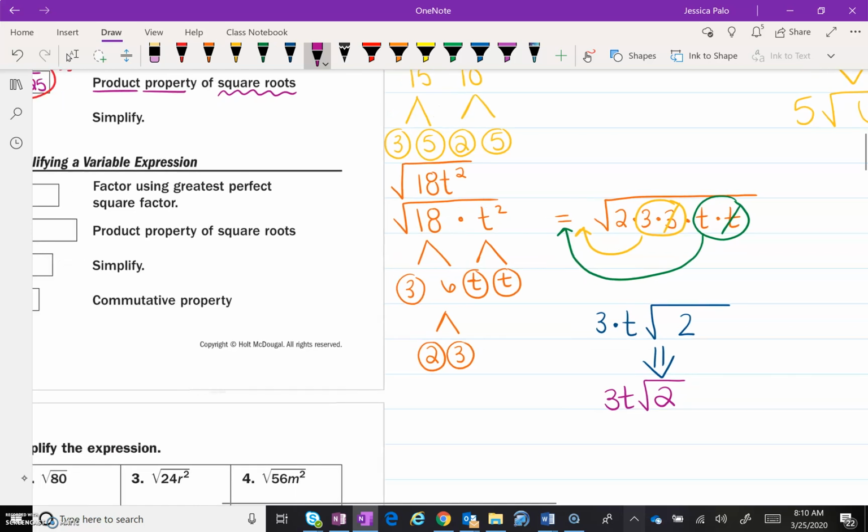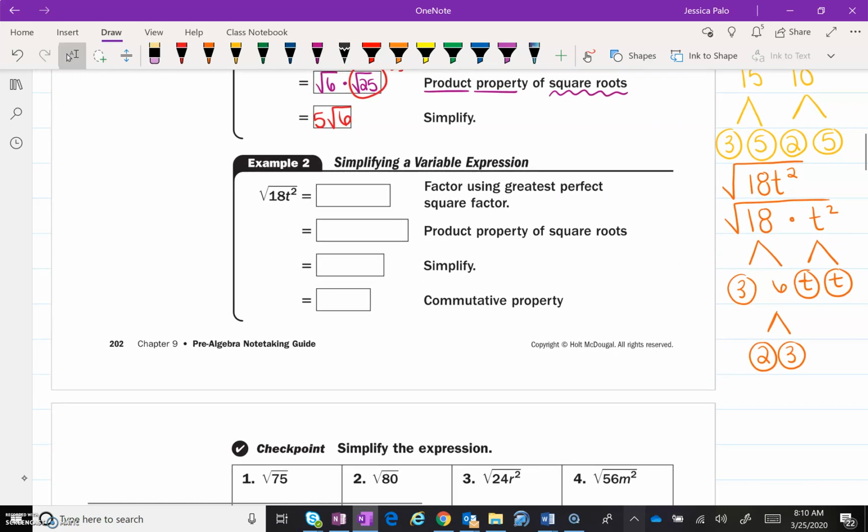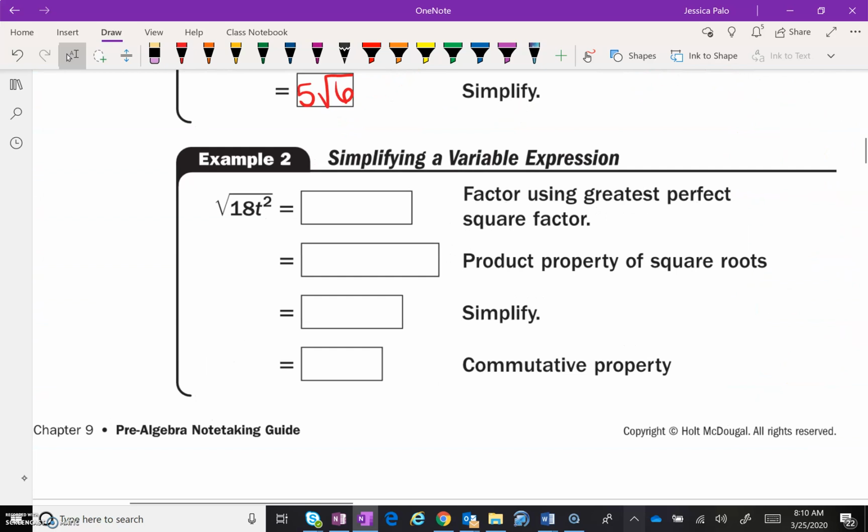Now let's do this using greatest perfect square factors. So 18t squared can be broken down into perfect square factors. Two factors of 18 that are perfect squares: we have 2, which is not a perfect square, times 9, which is a perfect square, times t squared, which is also a perfect square in variable form.